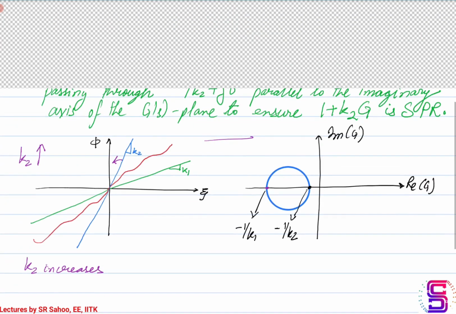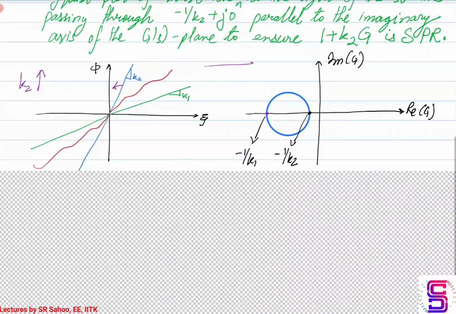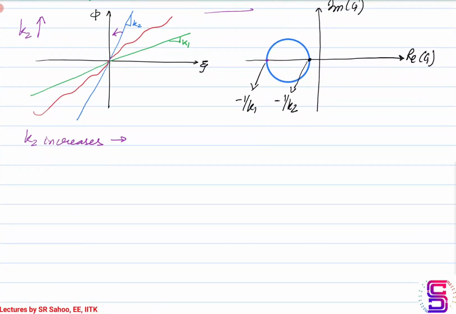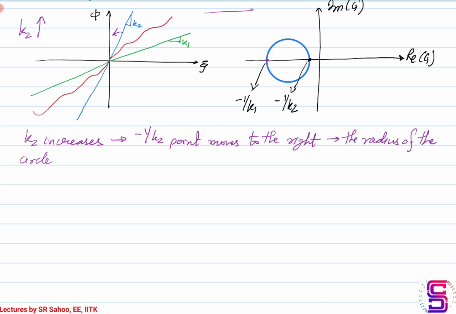K2 increases, which implies minus 1 by k2 point moves to the right, which again implies that the radius of the circle increases.